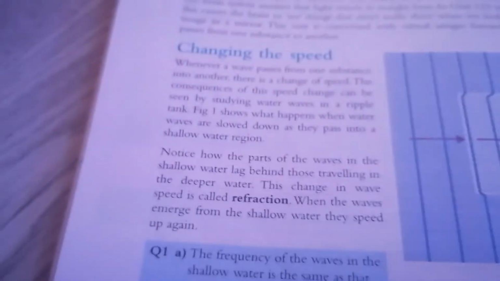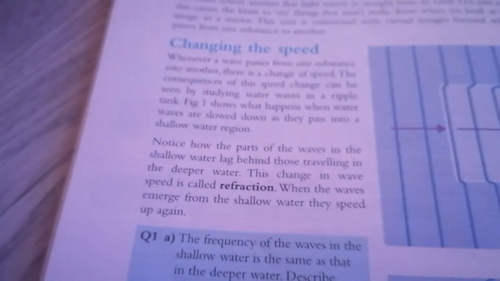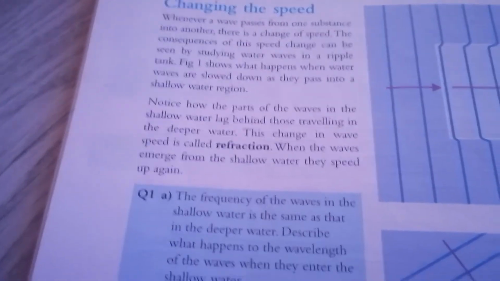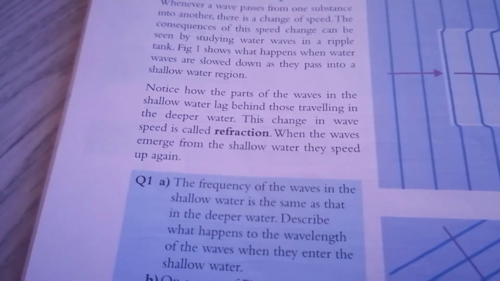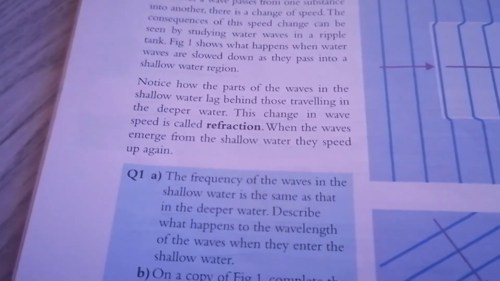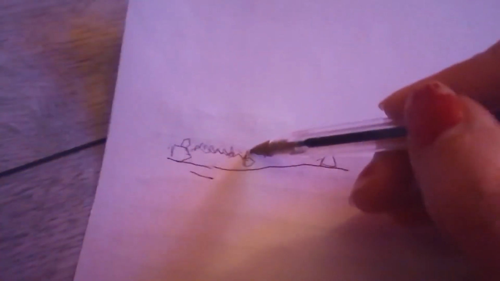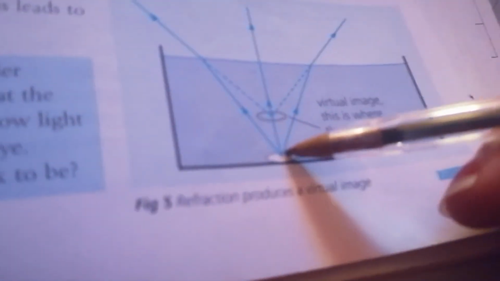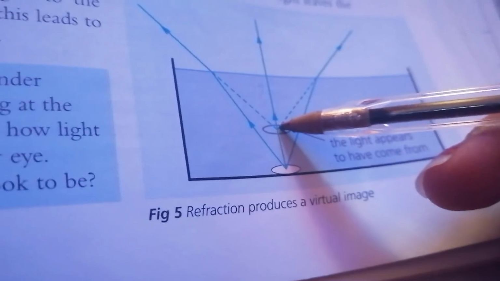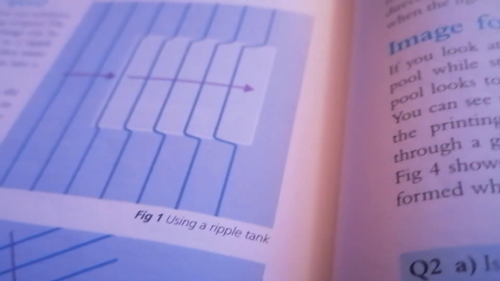of wave speed, because it's the changing of the speed of the wave which causes the refraction. The change in wave speed is called refraction. So the wave speed must change to cause refraction in order for it to be here. So like in this diagram, the wave speed must change as it gets to shallower water, like that.